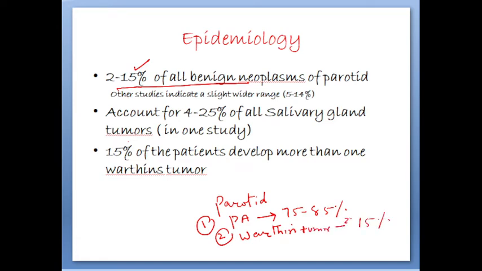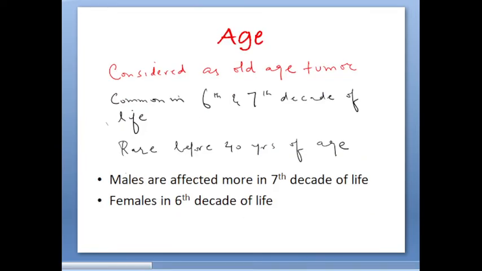Some studies do indicate that they account for 4 to 25% of all salivary gland tumors, and 15% of the patients develop more than one Warthin's tumor. Warthin's tumor is mostly found in the 6th and 7th decade of life.